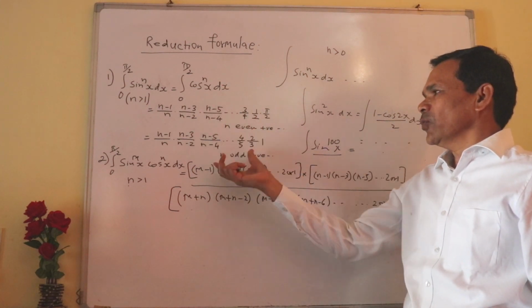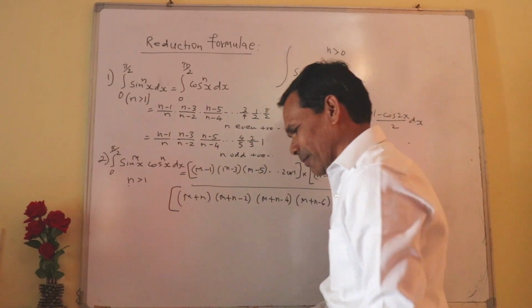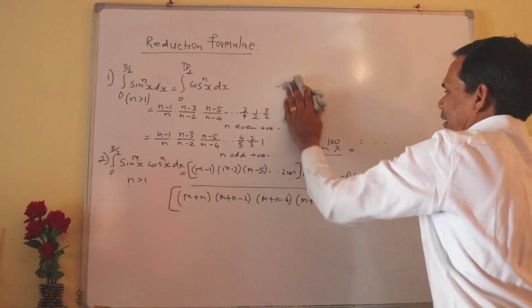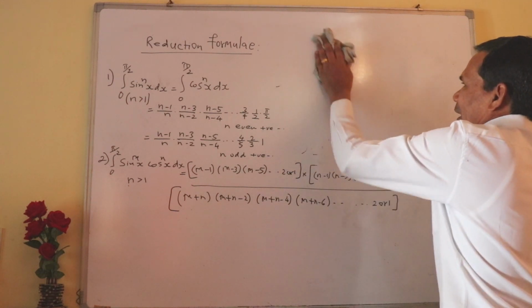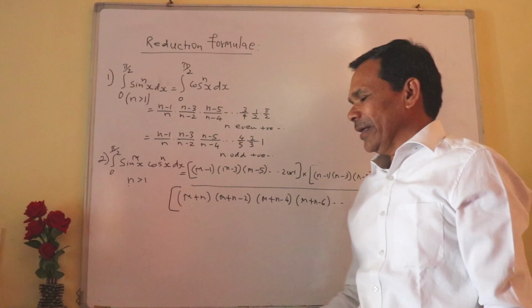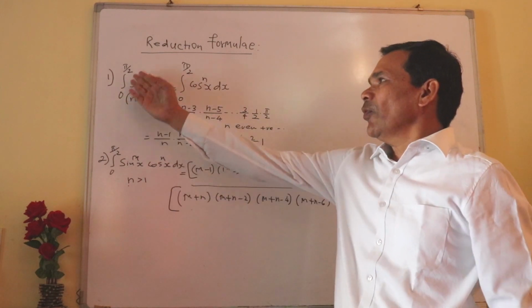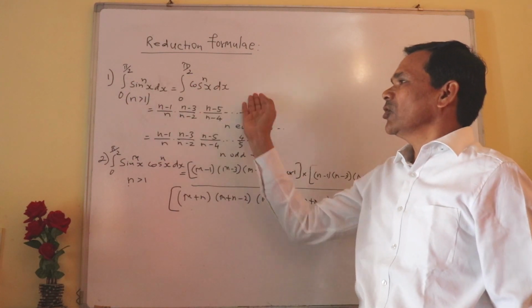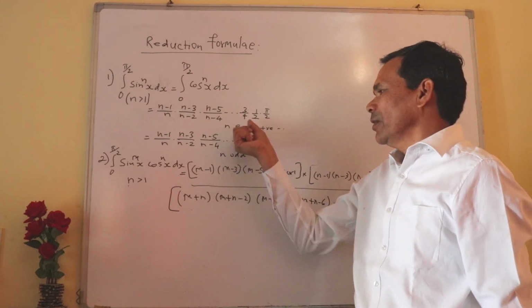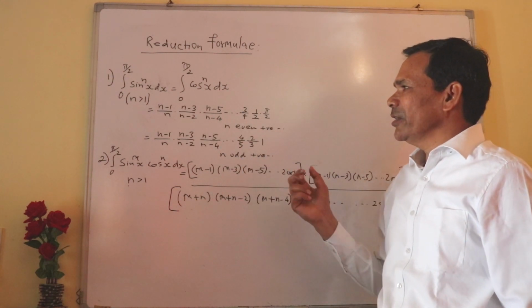Then we develop this formula by certain rules, by reducing the index, and we can find out the value of certain integrals. So the formulas for 0 to pi by 2 sine raised to n x, and 0 to pi by 2 cos raised to n x, it is the same formula in fact for even and odd positive integers.